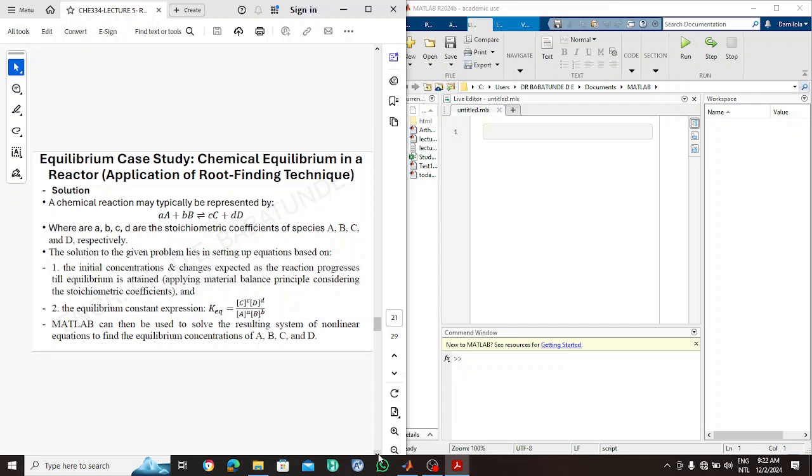And what we have as the product is what we had before plus what has formed. So we know what we had before for the product, and we know what has been formed based on the stoichiometry, which is the application of material balance in this case.